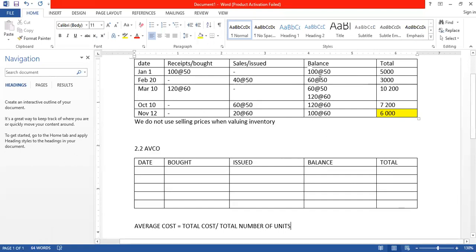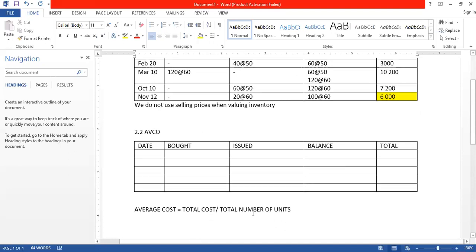So you are not going to use the 50, 60, 50, and so on. You are going to calculate your average cost every time. Average cost should be calculated every time you make a purchase.